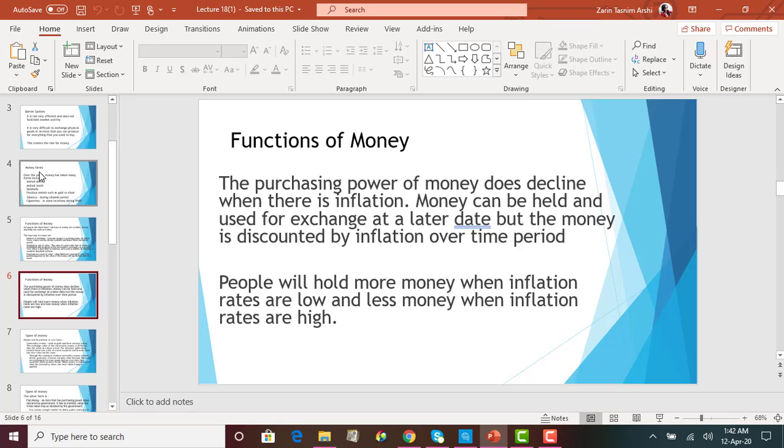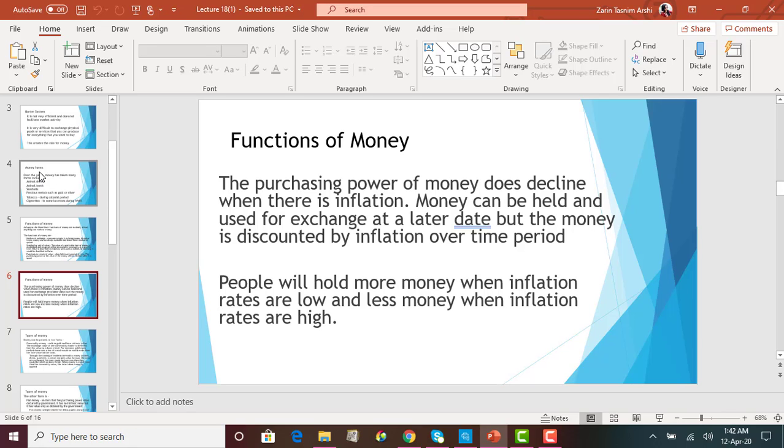Now we can say it preserves the value or functions as a store of value, but the purchasing power of money can go down over the years because of inflation. Now it can go up also because of deflation, but that's different. $1 still remains $1, but because over time the price of goods has gone up, the purchasing power may go down.